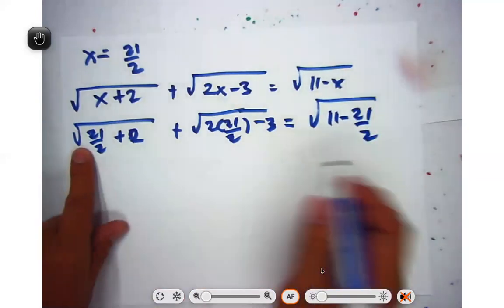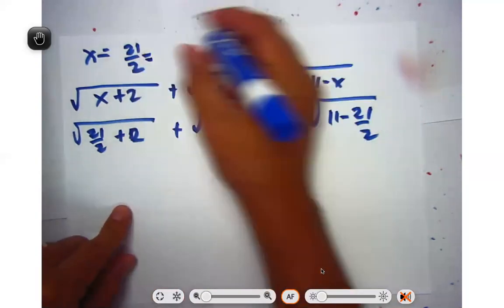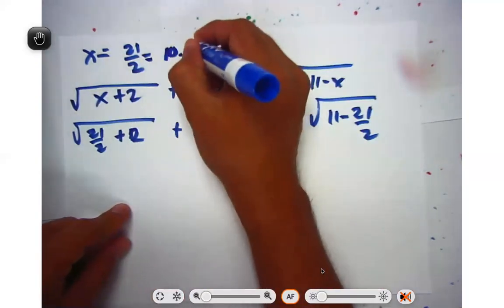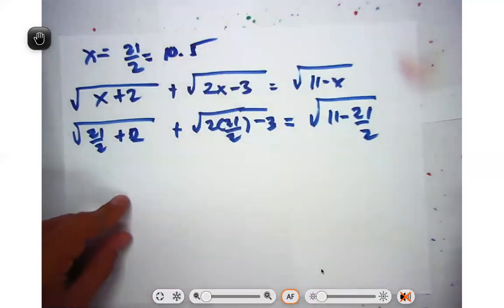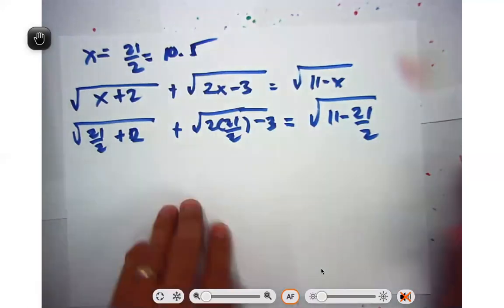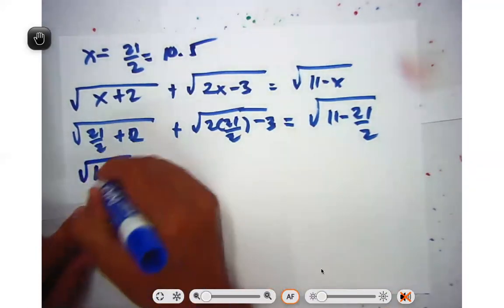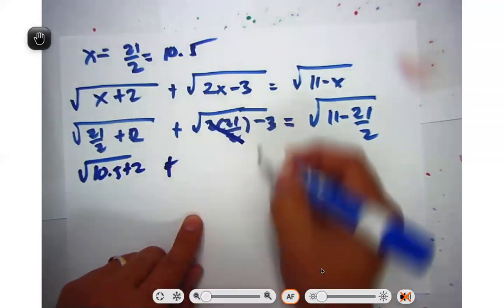All right, so maybe we can change 21 over 2 to decimal. 21 divided by 2 is 10.5. Okay, now this is 10.5 plus 2. We can cancel this.